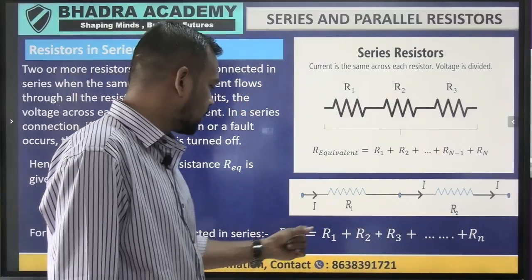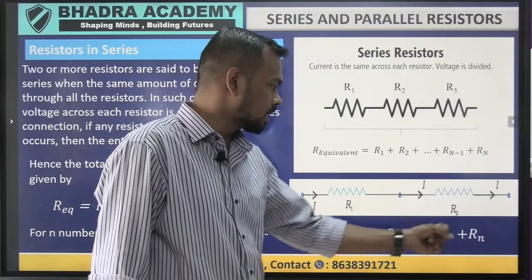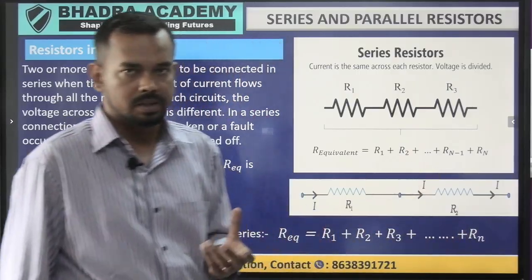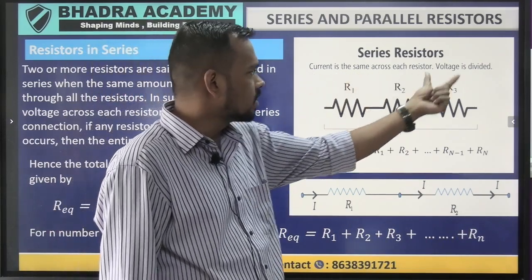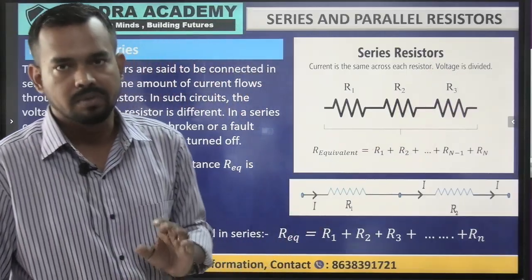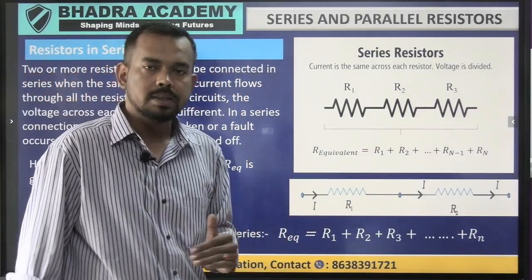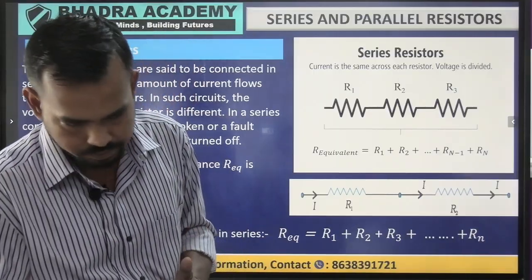So R equivalent will be R1 plus R2 plus R3 up to Rn, that is n number of resistors. And you can see the condition here, where the current is the same across each resistor but the voltage across each resistor is divided. So this is all about the series connection of the resistors.